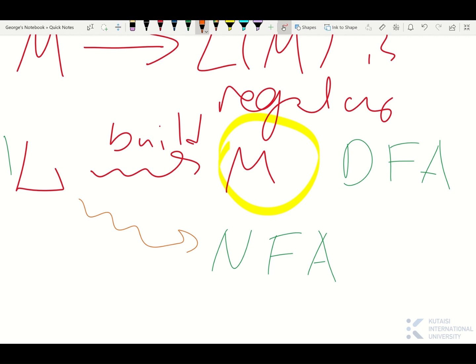And then I will prove that NFAs and DFAs are the same. Meaning that whatever NFA accepts, so does the DFA. And that would mean that every regular language is also accepted by DFA. Is this strategy clear?